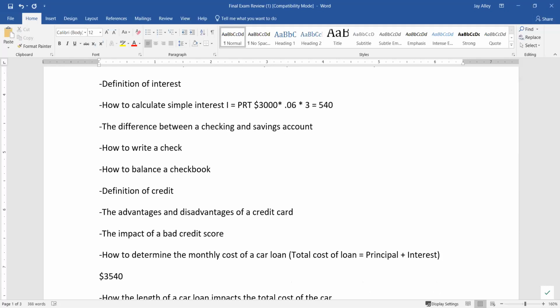How many months are in 3 years? What's my monthly cost? I'm going to have to divide that by 36. 12 months in a year, 3 years, that's 36 months. My monthly payment is going to be $98.33.